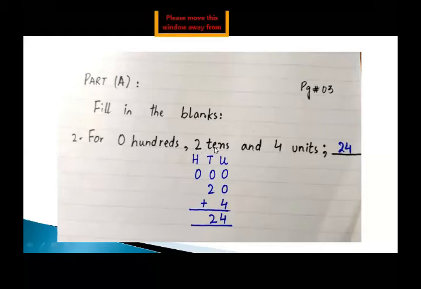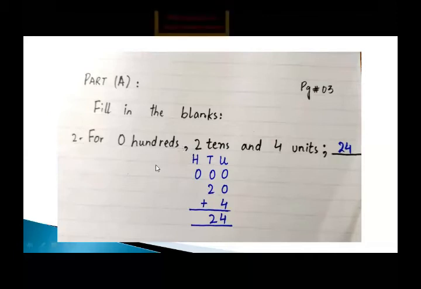So here 2 tens means 20 and 4 units. When you add up these three, the answer comes like this, because there is no digit at the place of 100, so nothing will be written here. So here, what is your sum? 2 4. So you will write 2 4 here. This is simply the opposite form of part B.